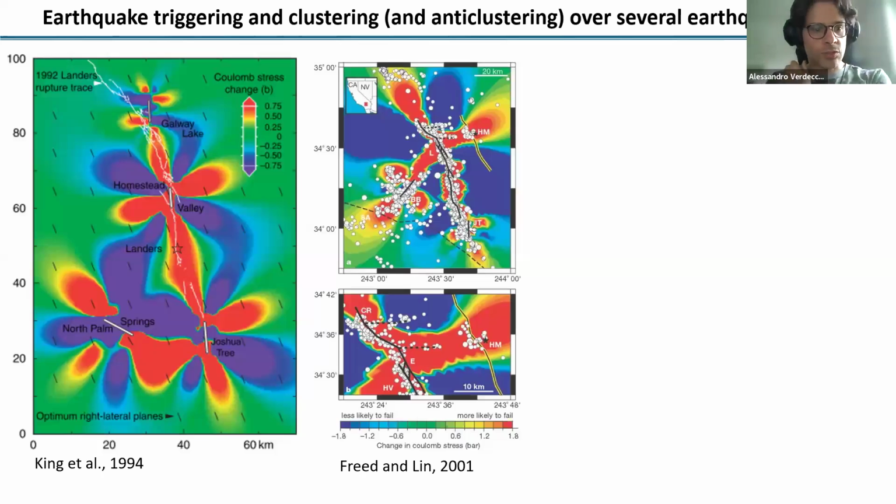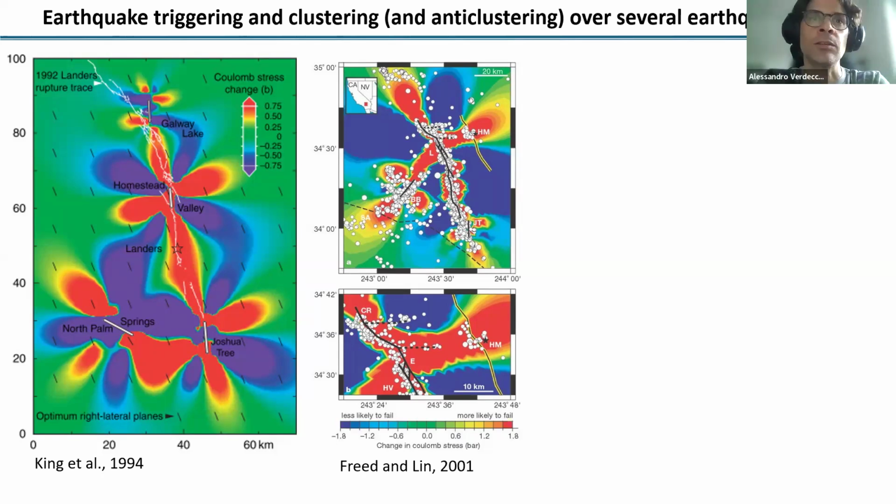So I want to go fast now because I've been talking for almost an hour, towards a different time scale. So far I've been talking about coseismic and instantaneous stress changes among earthquakes, among faults that are relatively close to each other, a few kilometers, and also close in time, of course. I've been talking about viscoelastic relaxation, where our temporal and spatial scales increase.